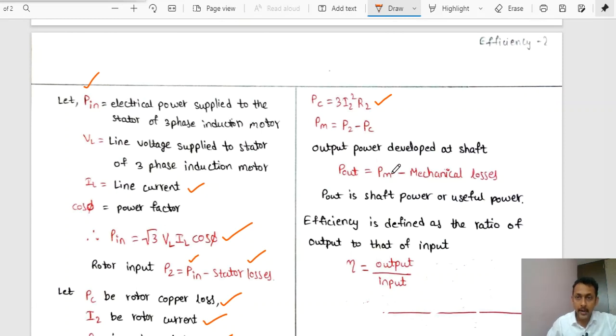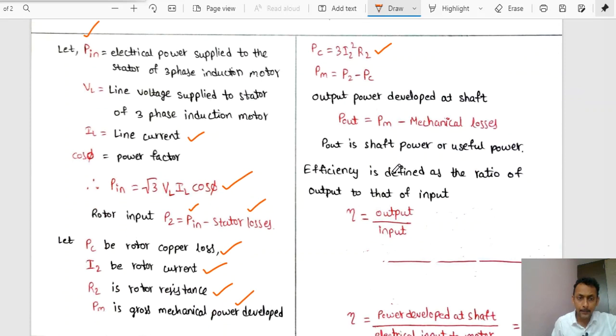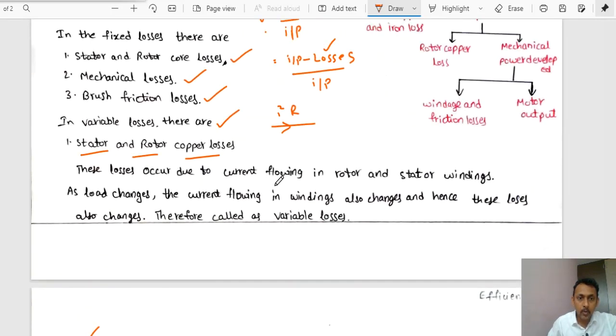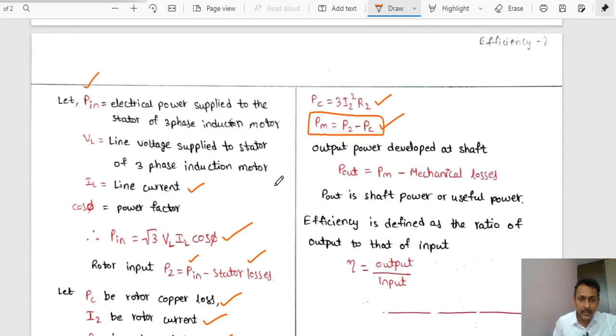Now PM, the gross mechanical power developed, will be equal to P2, already defined as the rotor input, minus rotor copper losses. This is again very, very important. I repeat again, dear students, the given electrical input power minus stator losses is the rotor input.